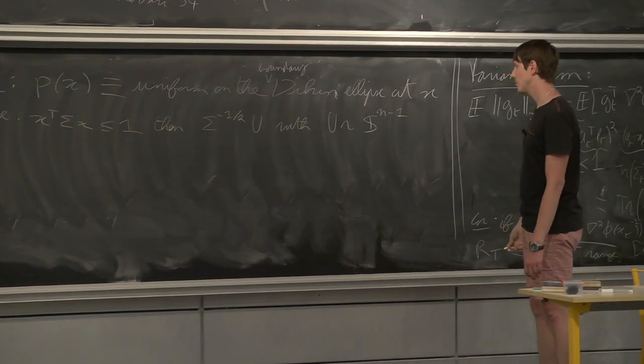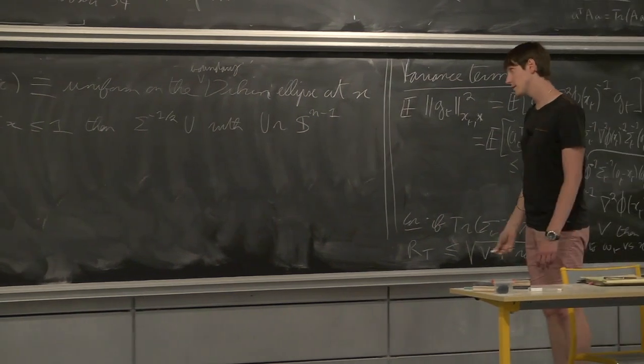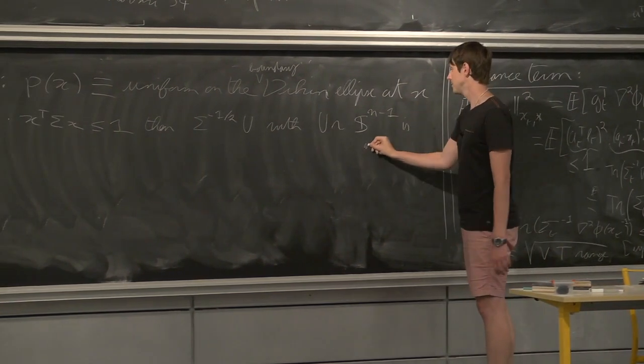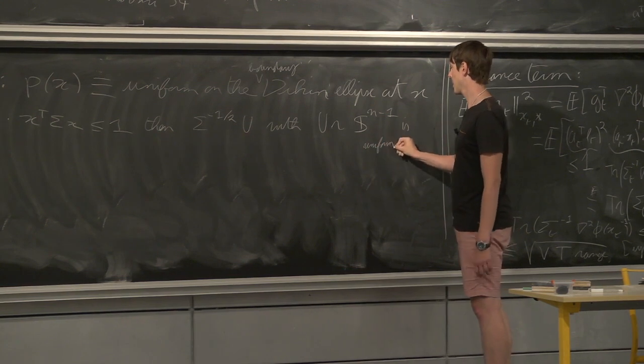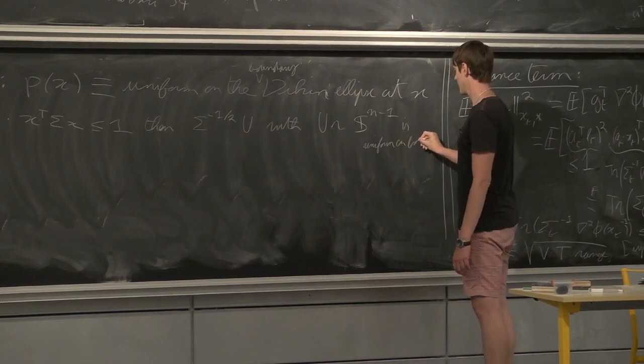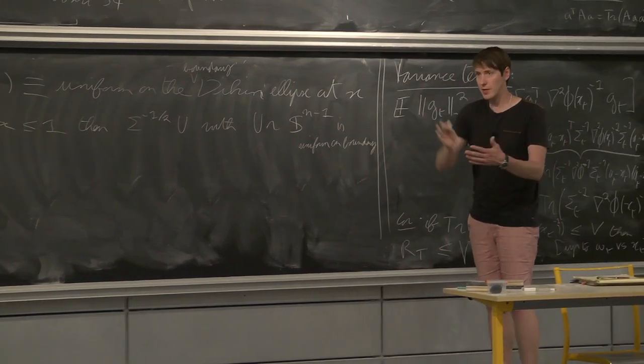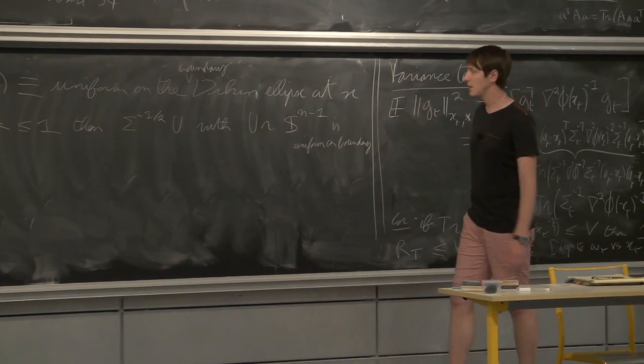Let me get my normalization correct. This is uniform on the boundary. I just take a random direction and rescale by the appropriate covariance.